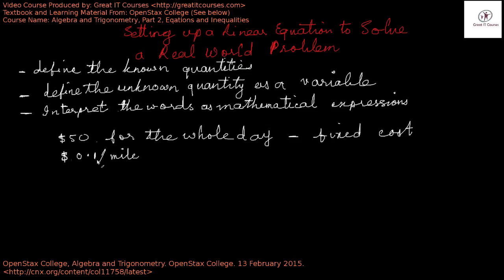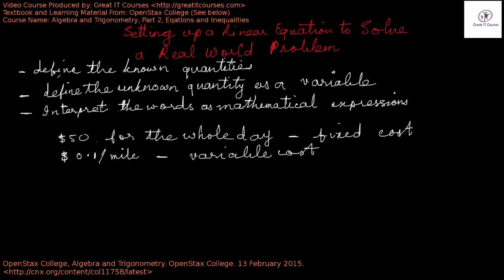That is a variable cost, and that basically means that the fixed cost is $50, which you're going to pay whether or not you drive the car. But for every mile that you drive the car, you're going to pay another extra 10 cents, and that will be added to your $50.